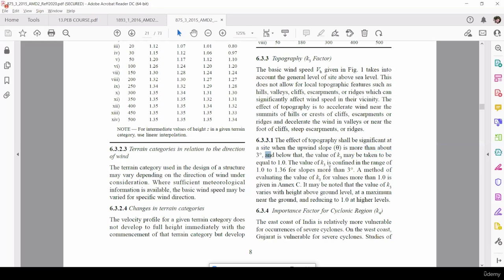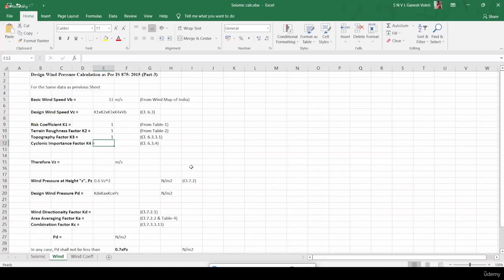For our assumption, there are no hills at our side, so K3 may be taken equal to 1. In clause 6.3.3.1, the value of K3 may be taken equal to 1 for 0 degree wind. So I am taking this value as 1.